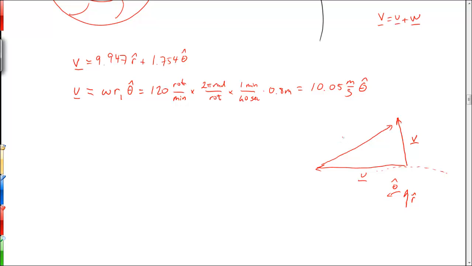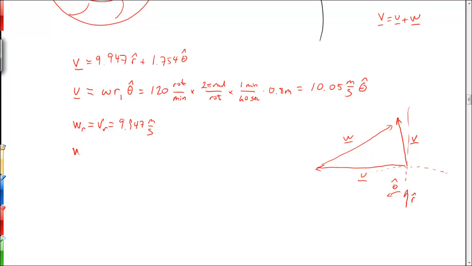And we know that W looks something like this, because V equals U plus W. So when we draw it a little better like this, it is hopefully clear that the radial component of W has to be equal to the radial component of V. And that's because simply there's no radial component of U. So therefore, we know that W_r, which is just the radial component, not a vector, is equal to V_r, which is 9.947 meters per second.